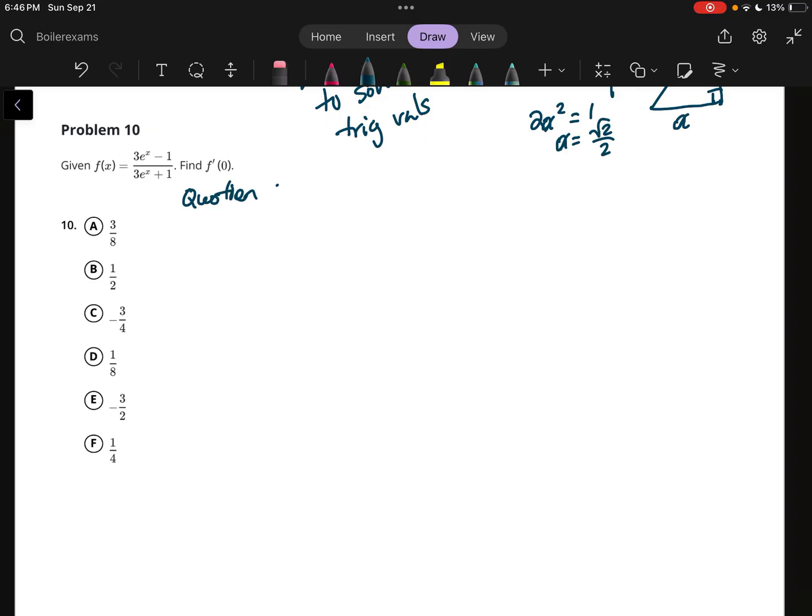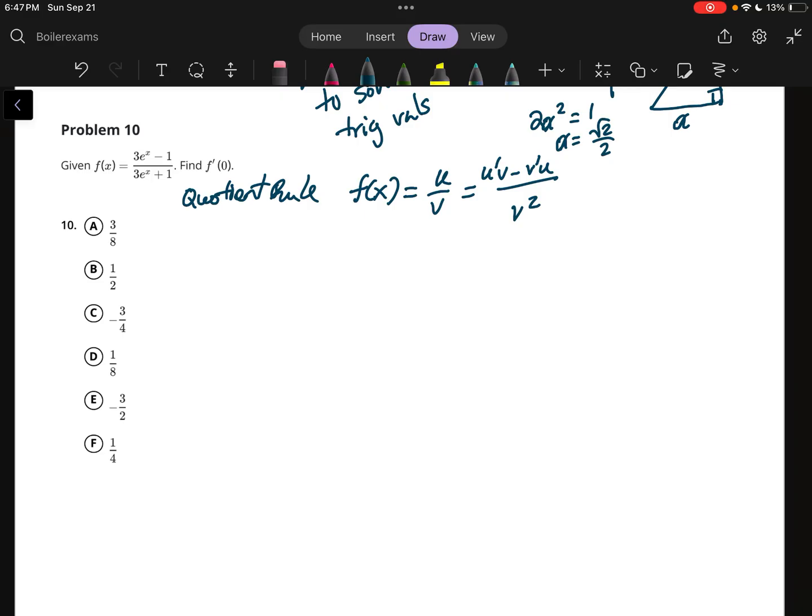The quotient rule states that the derivative of u divided by v is equal to (u prime v minus v prime u) divided by v squared. So all we have to do is find u prime, find v prime, and then plug things in.